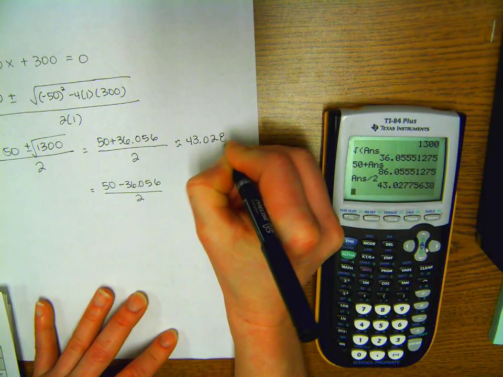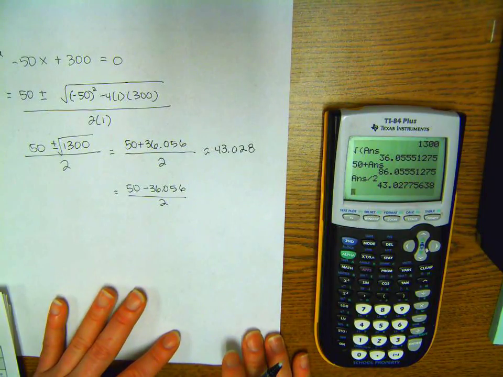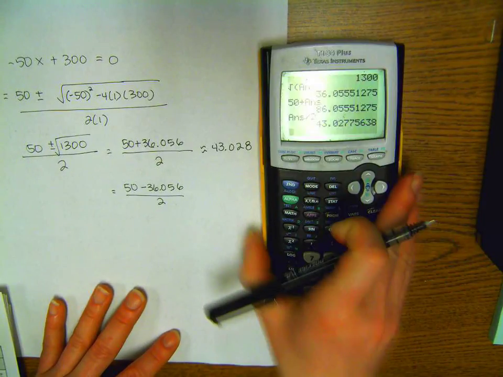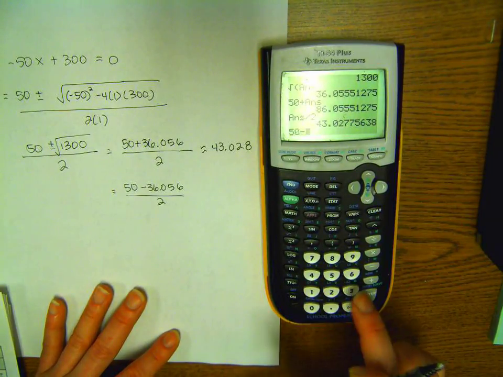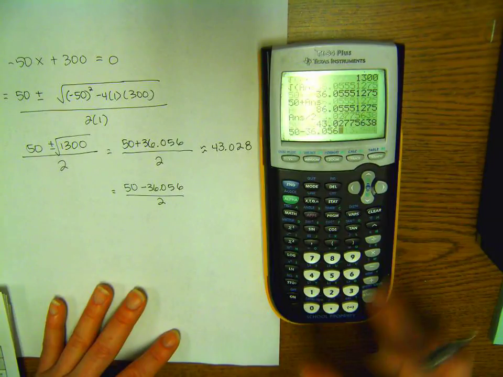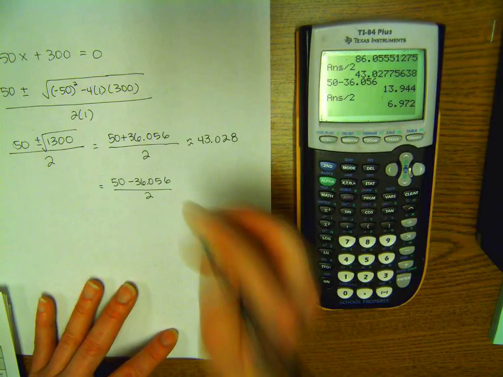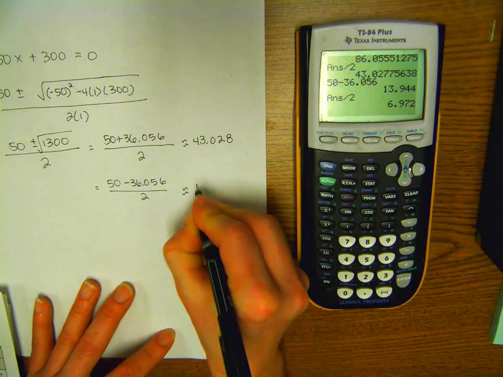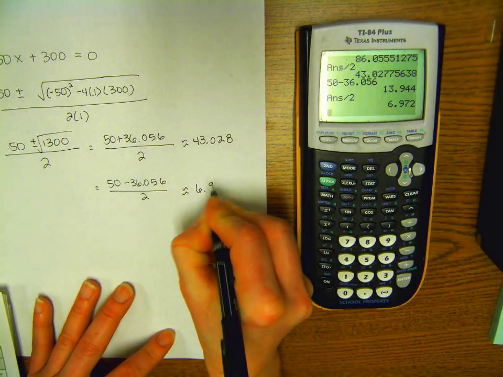So I get 43.028 for one of them, and 6.972 for the other.